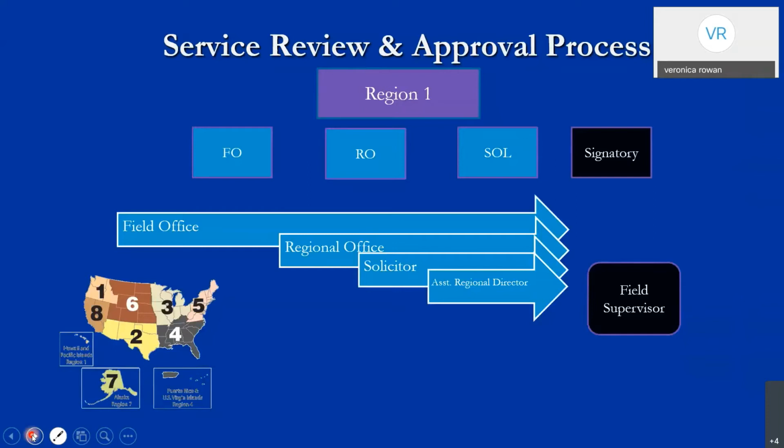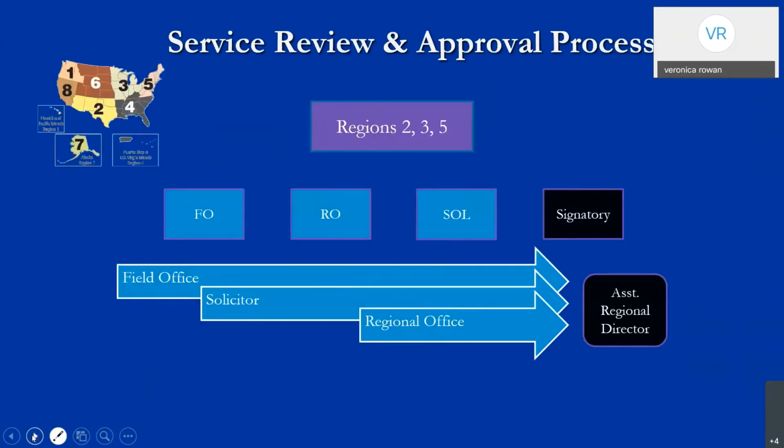So you have a general review that's happening for the agency review team member from the Fish and Wildlife Service at the field office, and then it goes through regional office review. Here, the solicitor's office gets involved and the assistant regional director, but eventually it gets signed by the field supervisor of wherever that particular bank is located, in the territorial jurisdiction of that field office.